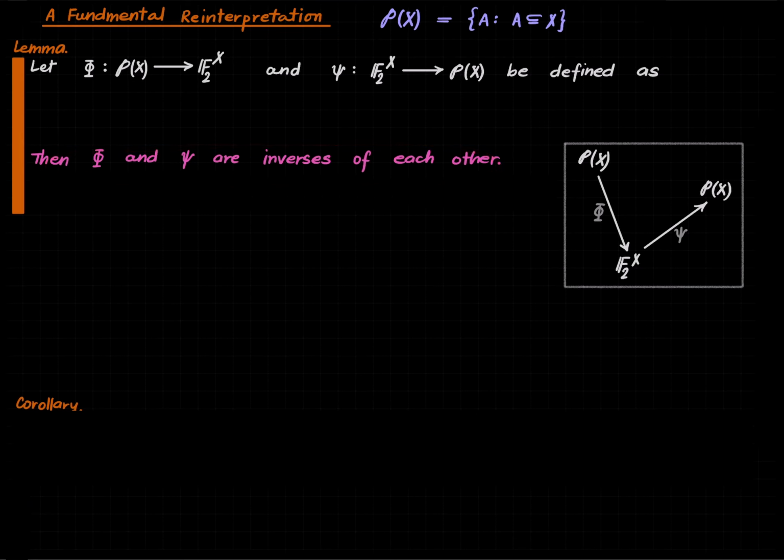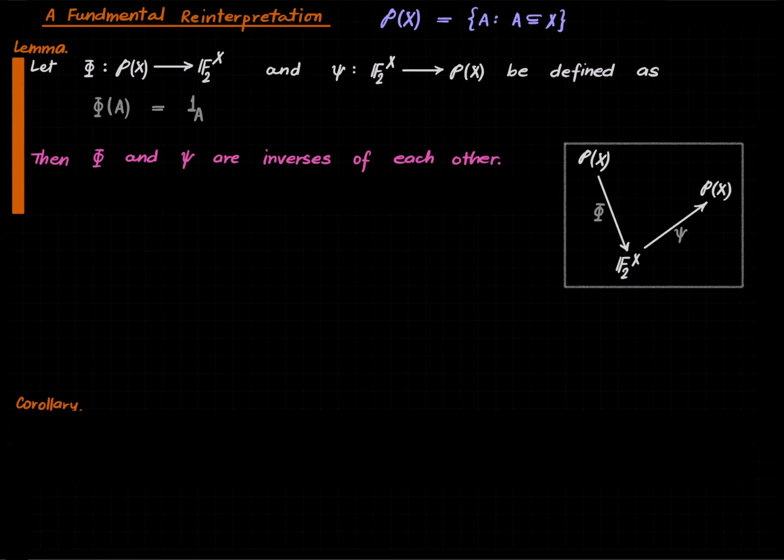Suppose I ask you to define a phi from the power set to this guy. What can you do? Some nice function, not the constant function 0 or anything. If you just think about it, the most natural choice would be the following. Phi of a subset A of X is just the indicator of that set, right? The most natural function from the power set to F2 to the X.